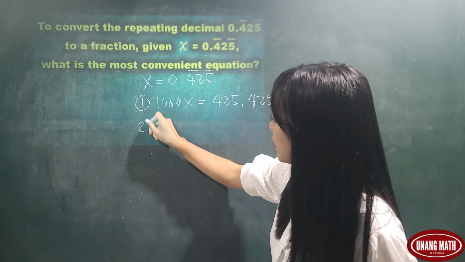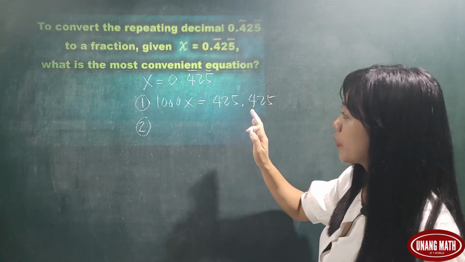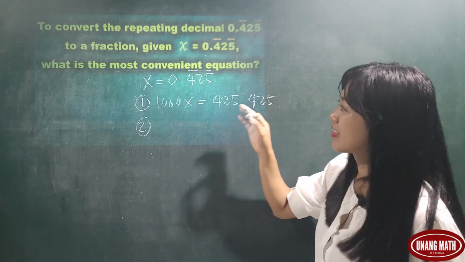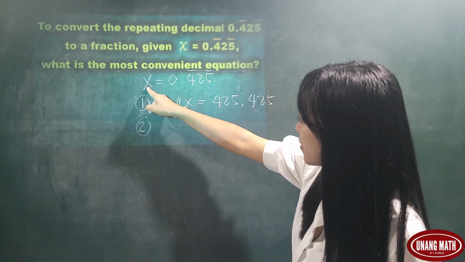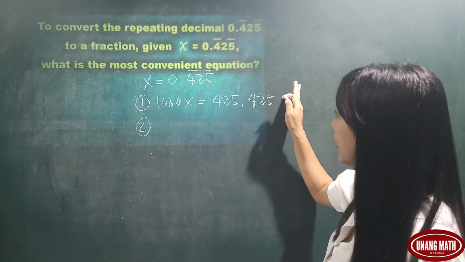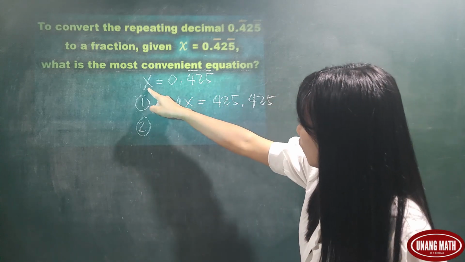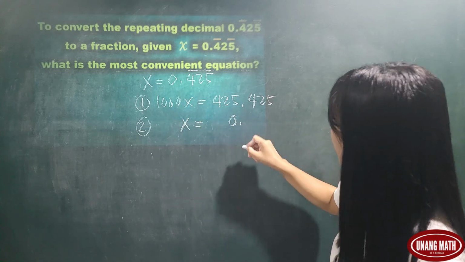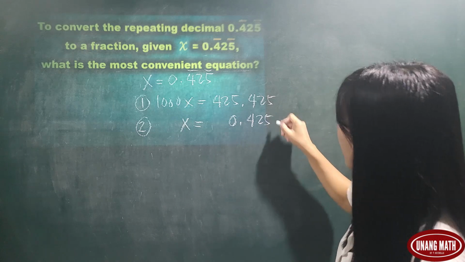Okay, let's get the second equation. Our aim is to remove these repeating digits. Since our original equation is x is equal to 0.425 repeating, we just need to copy this. So x is equal to 0.425 repeating.